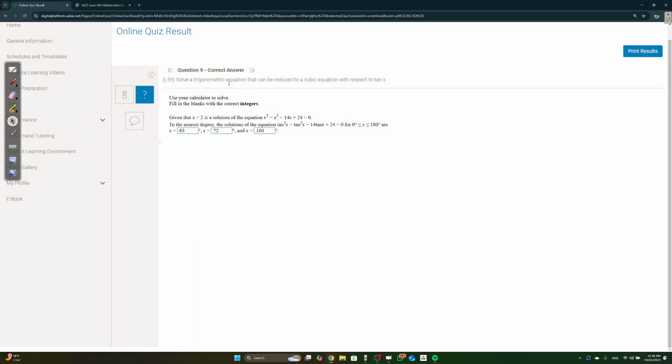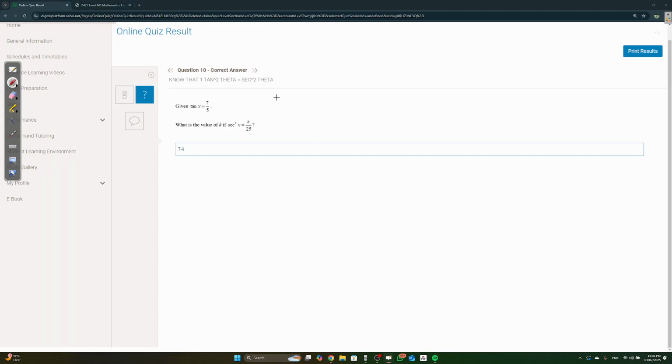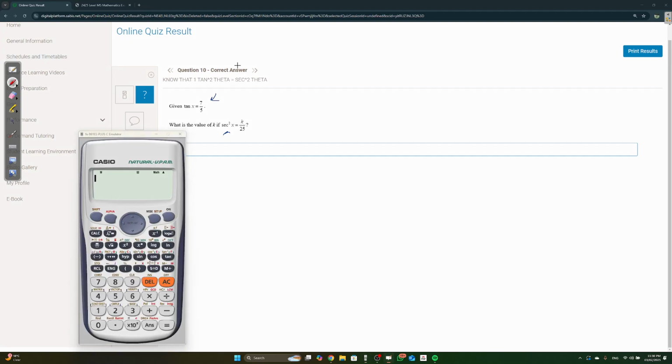Question 10. Given tan x is 7 over 5, what is secant squared x? Remember this rule: 1 plus tan squared is equal to secant squared. So 1 plus 7 over 5 squared, you get 74 over 25.